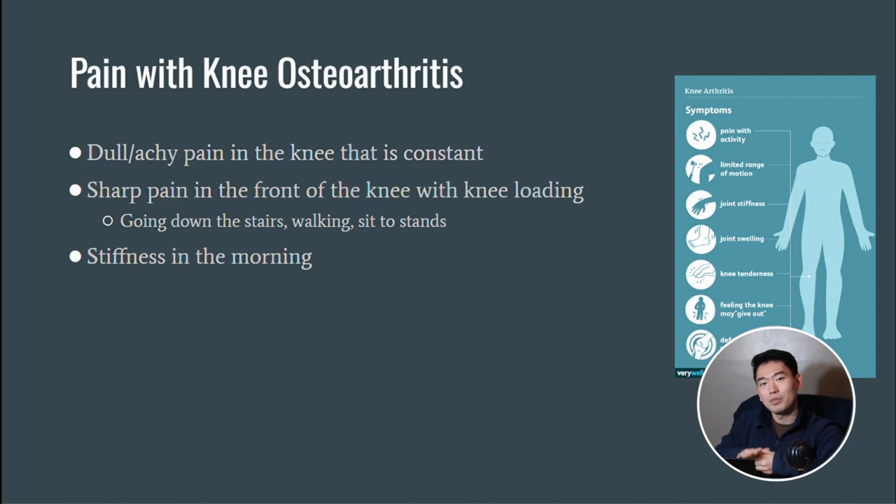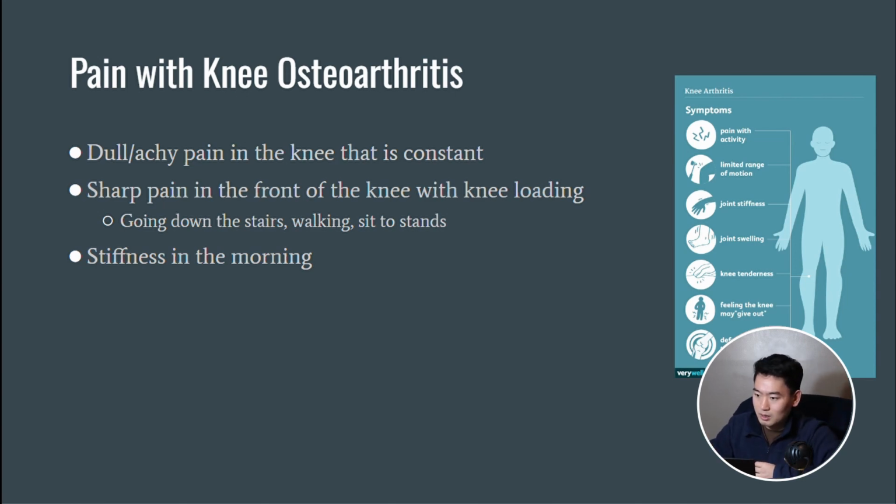That's when you put the most amount of loading or weight on your knee, and so that's when it hurts the most. You can also have some stiffness in the morning. The knee doesn't feel like bending and straightening like it used to. So that's all part of osteoarthritis.